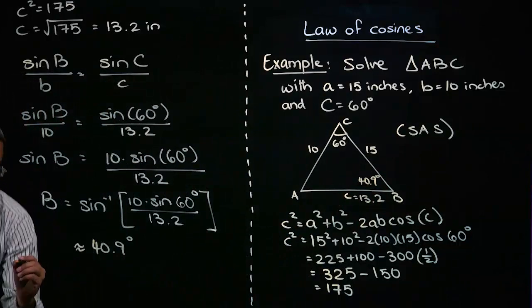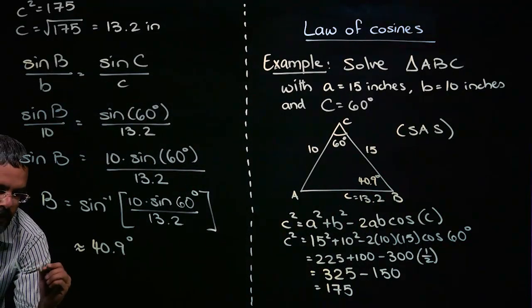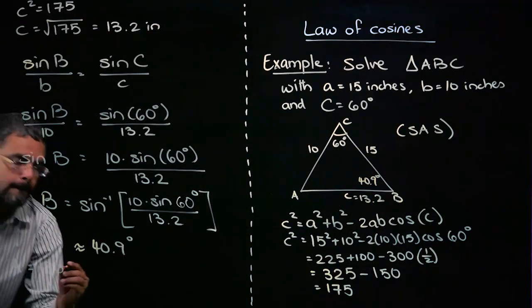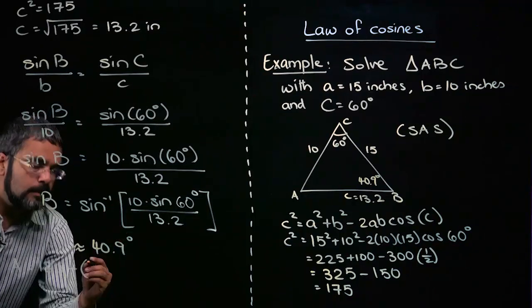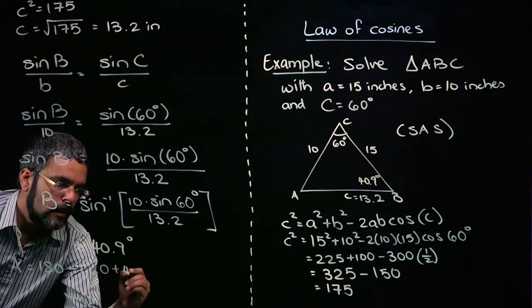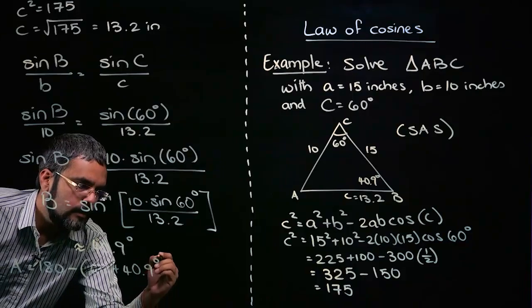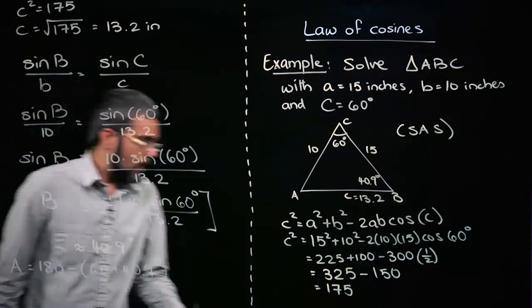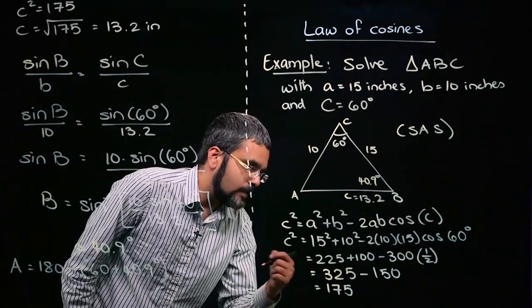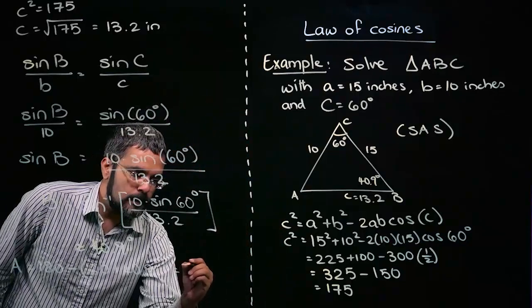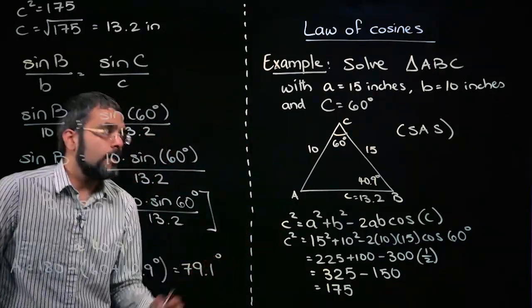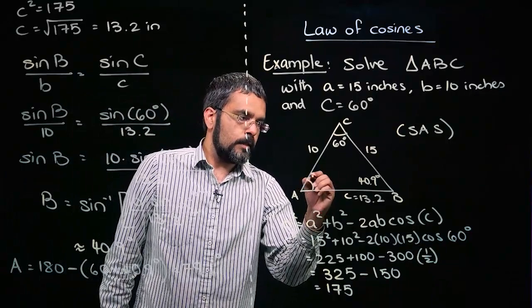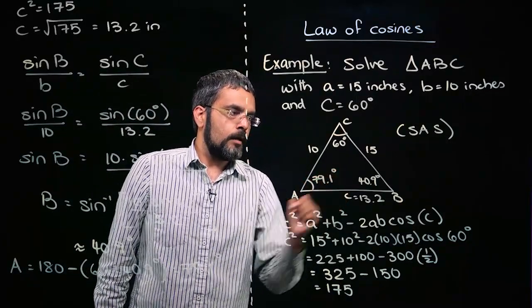And then A is nothing but 180 minus 60 plus 40.9 degrees, and that comes out to about 79.1 degrees, right?